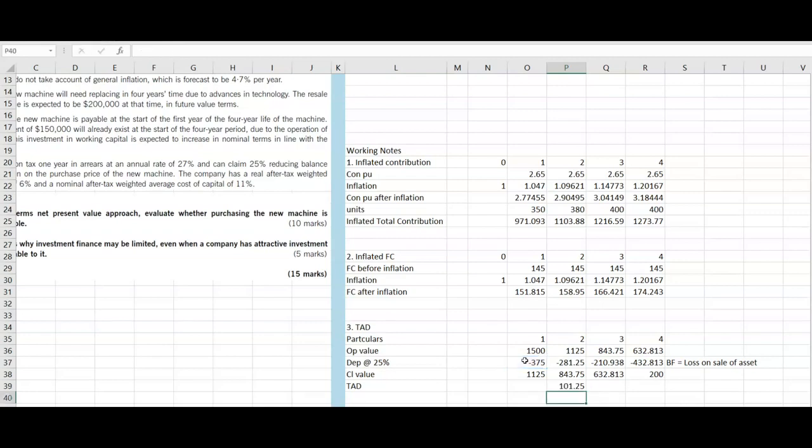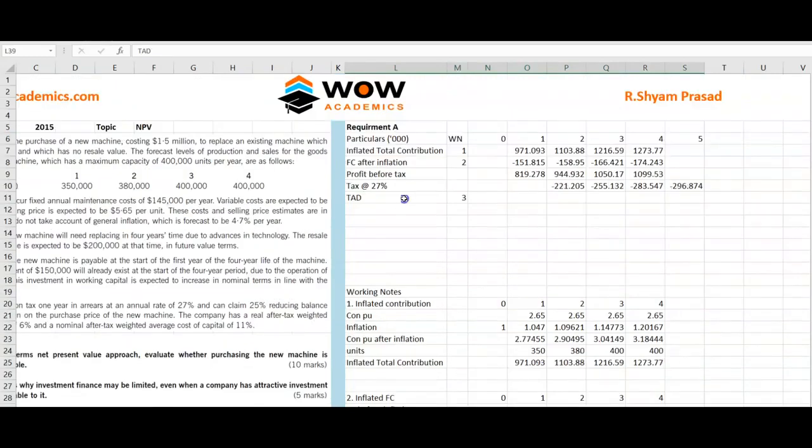Okay, you multiply. That should give you a positive number, because a minus into minus will give you a plus, and tax allowable depreciation is a positive number. So work out for 5 years, from the second year to the fifth year, you will get the number. So this is the tax allowable depreciation. Just copy that and go to your table here, and we can paste it.